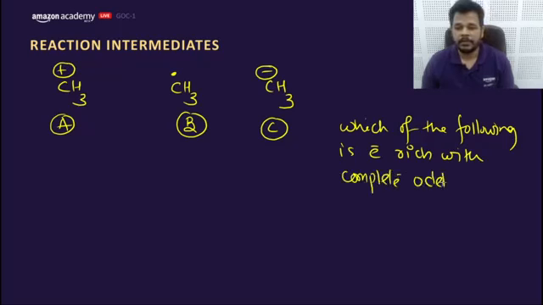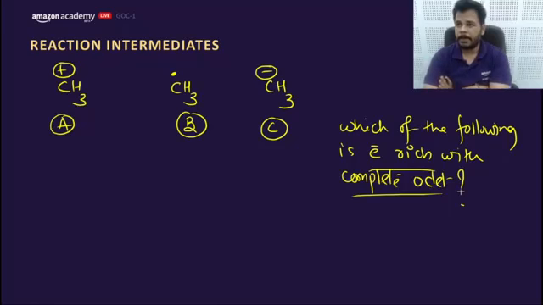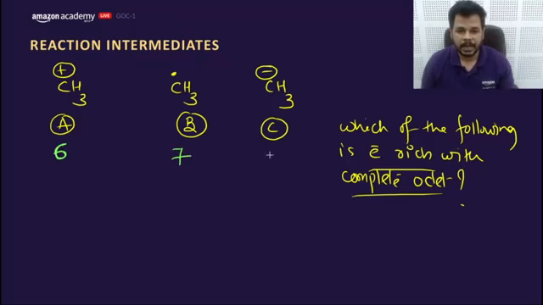What would be your answer? Let's calculate the number of electrons. So the answer is C. There are 6 electrons in the central atom here, 7 electrons here, and 8 electrons here.